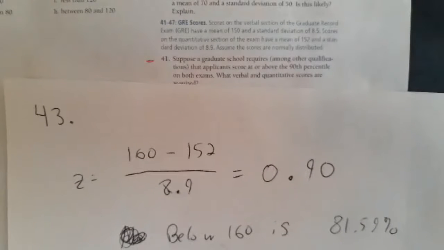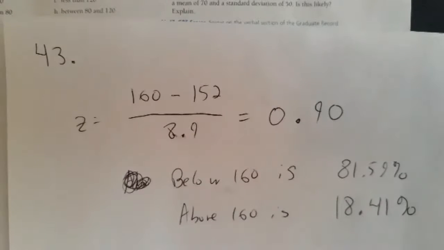So if 81.59 is below 160, someone tell me what is above 160. You just subtract from 100, you get 18.41. That's exactly what you get.